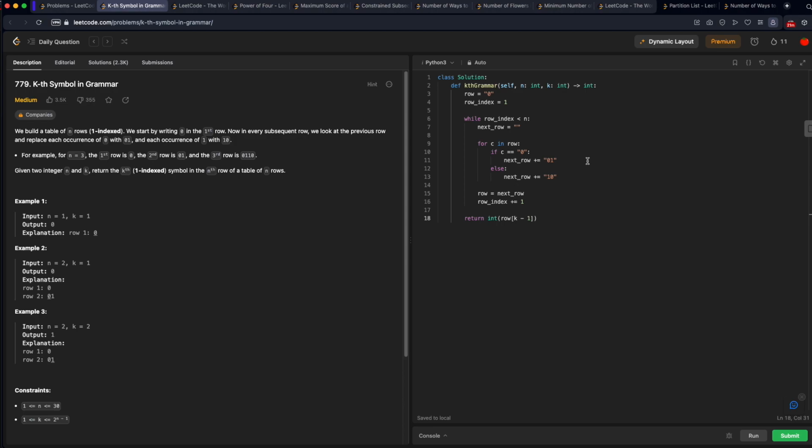Now, as I mentioned before, this entire system is kind of like a tree, like a binary tree. So what if we didn't actually build up all of these rows, and instead we just followed the path in our binary tree from the root, that's row 0 here, or row 1, all the way down to our kth character. So in that case, if we start at row 1, we have a 0. We either go to the left or we go to the right.